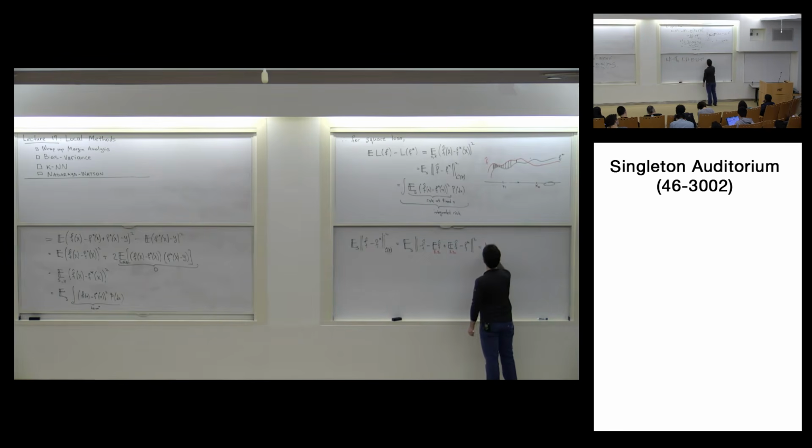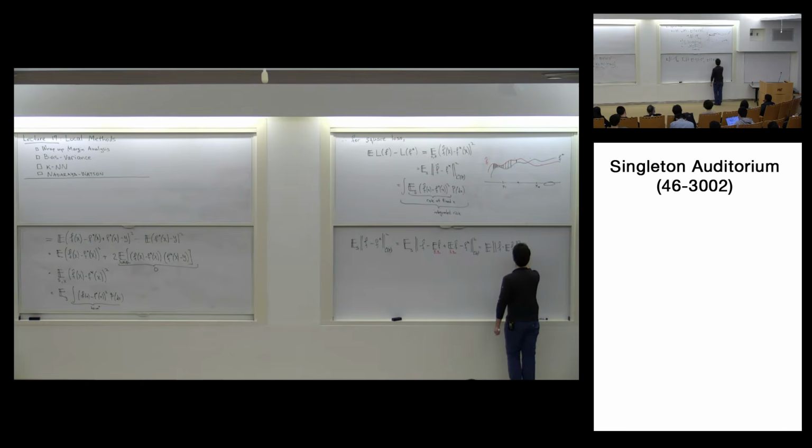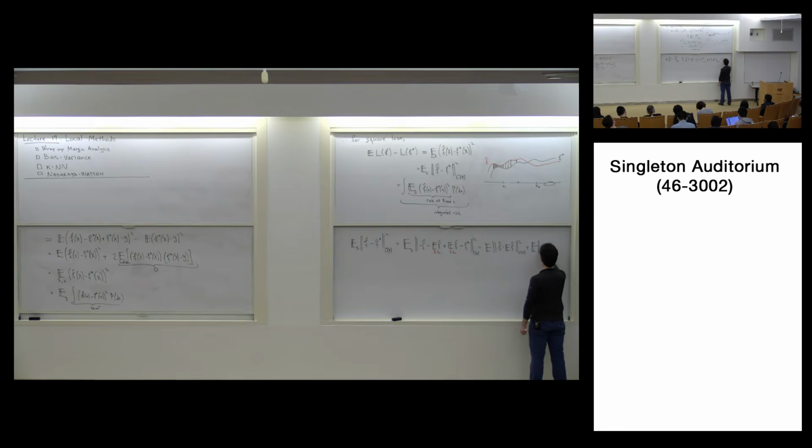I'm just going to write it as the norm of f hat minus expected f hat squared, again this is L2(P), plus the norm of expected f hat minus f star squared, again L2(P).